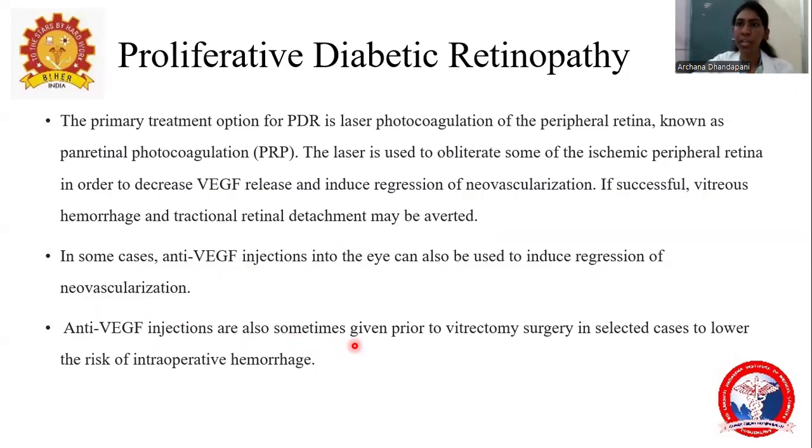So if we are planning to take up the patient for pars plana vitrectomy, the risk of bleeding during the surgery is very high, since these neovascular vessels are very friable and they will bleed with any pressure changes. So before surgery, we give anti-VEGF injection like 3 days to 1 week prior to the surgery. So it will take care of the neovascular part. So during surgery, the risk of bleeding will be very less.